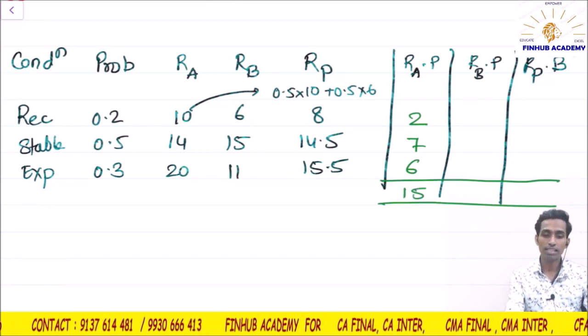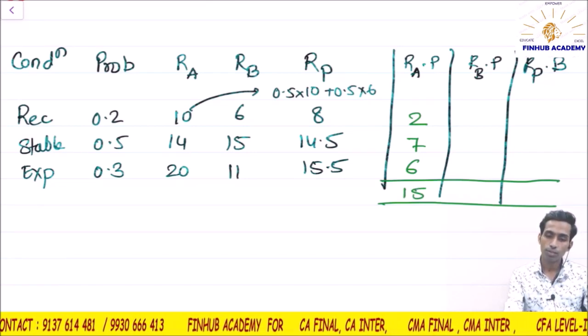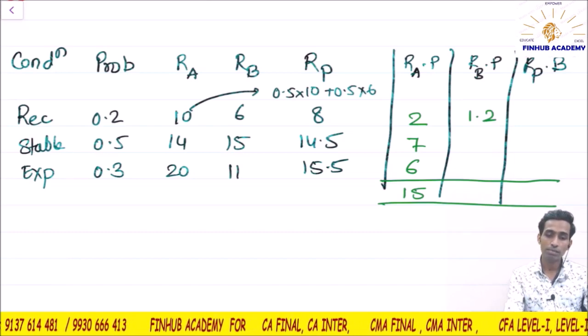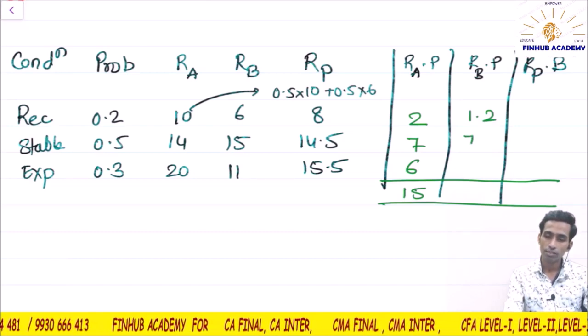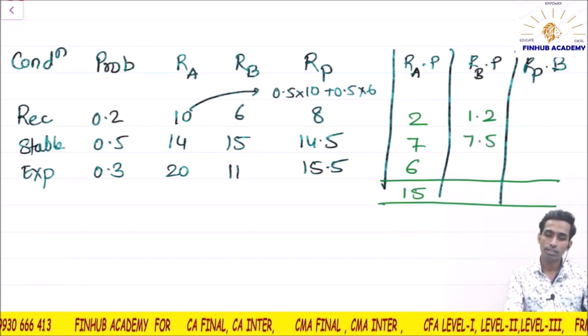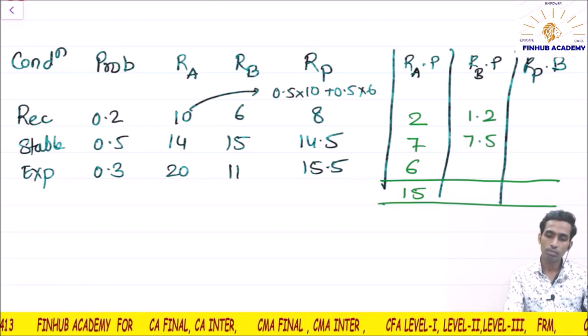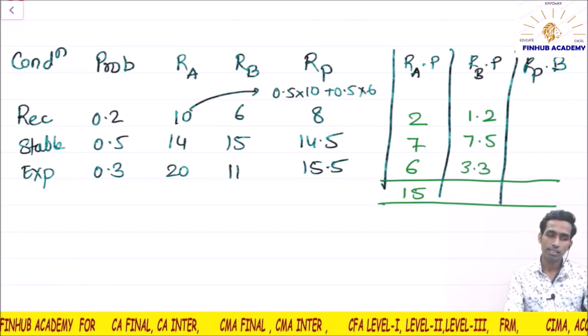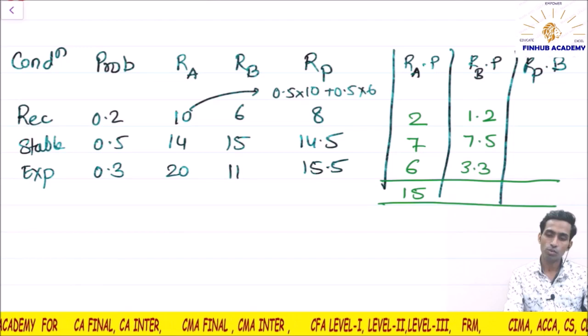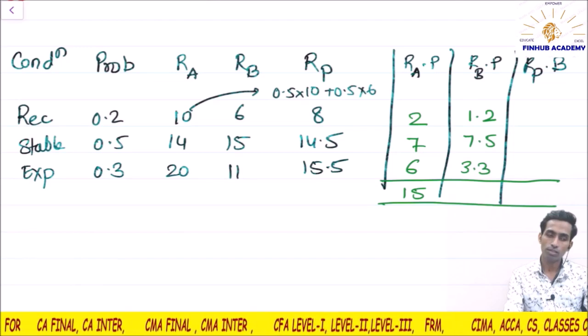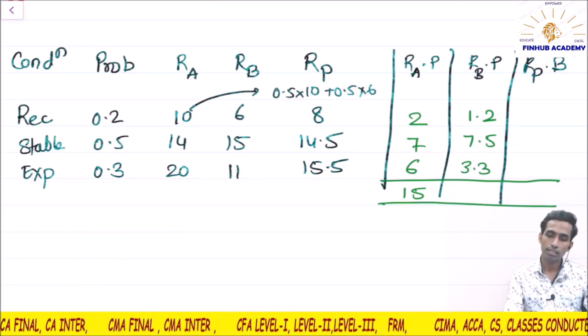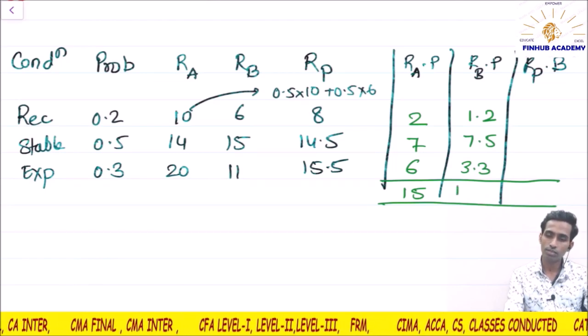I hope you are understanding. 6 into 0.2 is 1.2. Please check my figures, I am doing it orally. 15 into 0.5 is 7.5. 11 into 0.3 would be 3.3, I think. Correct? So the total is 12%.